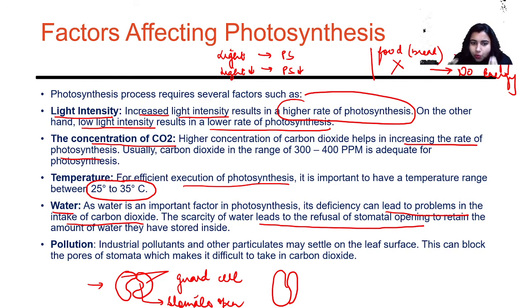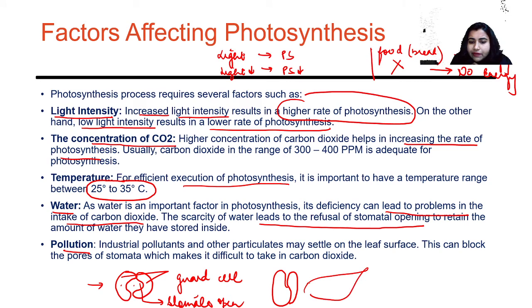When water is more, what will happen? These cells swell up. When they swell up, there is a formation of pore here. That is what we call stomata opening. But if the amount of water is less, they cannot swell up, right? So here what will happen? They remain closed. Clear? And if the pollution rate is higher, then what will happen?